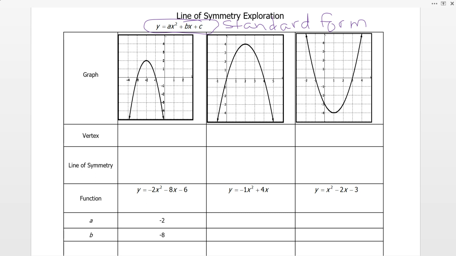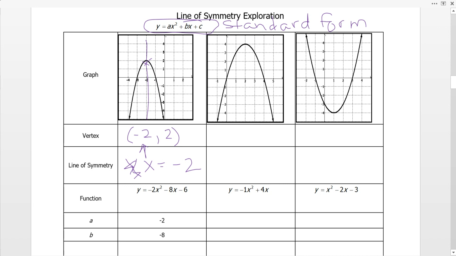These all have a vertex we can find. The vertex for this one is -2, 2. So our line of symmetry is a vertical line, x equals -2, and it's whatever the x value is.